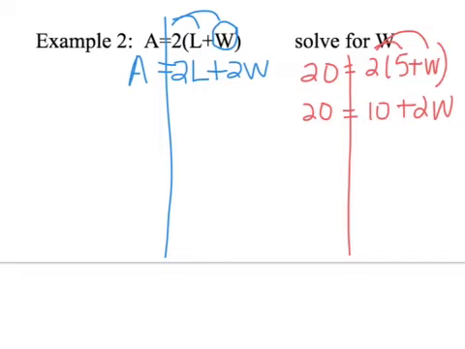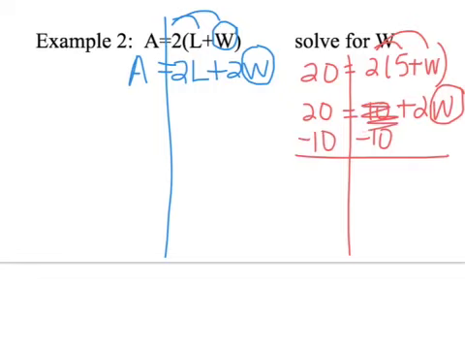Okay, again, I am solving for W. So over here in red, if I'm solving for W, okay, 2 times W is multiplication, so I'm going to move this 10. The opposite of a positive 10 is a minus 10. 20 minus 10 is 10. Now bring down my 2W.